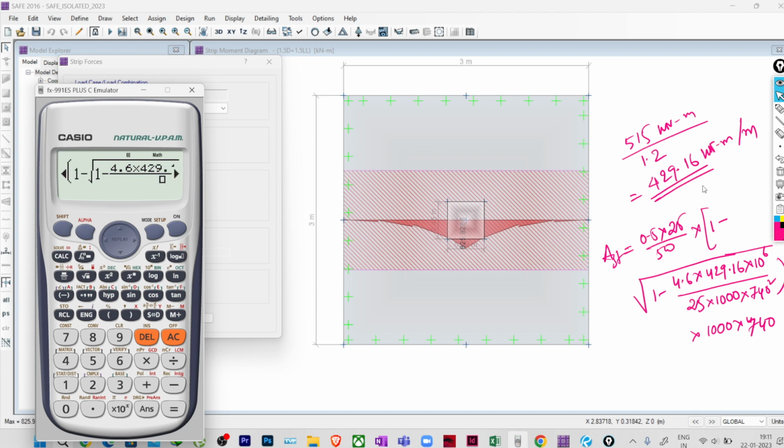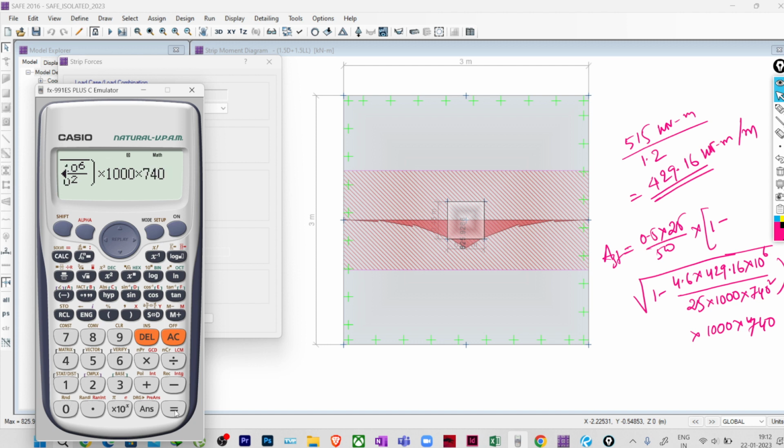Why 10 power 6? I converted this kilonewton meter to Newton mm. Okay, so divided by 25 multiplied by 1000 multiplied by 740 square, bracket close, 1000 multiplied by 740.